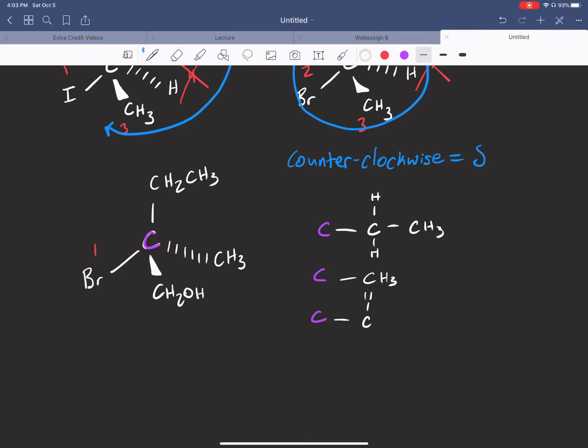This one is going to be CHHOH. So the first thing off of the carbon in question in purple is just another carbon, so we cannot tell. So their atomic numbers are exactly the same, so this tells us nothing. So cross that out. And then look at the next atom.